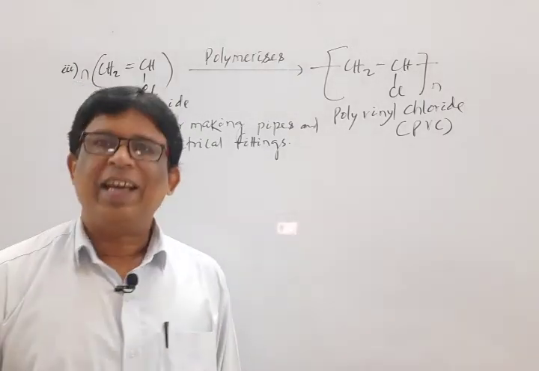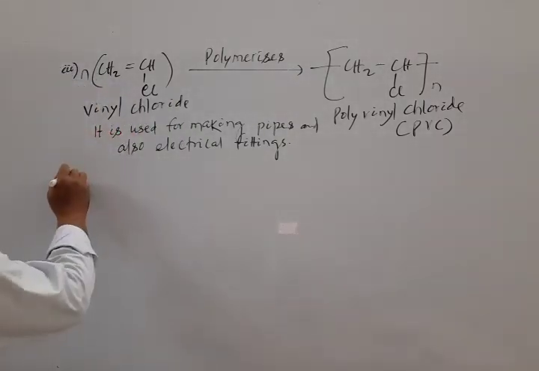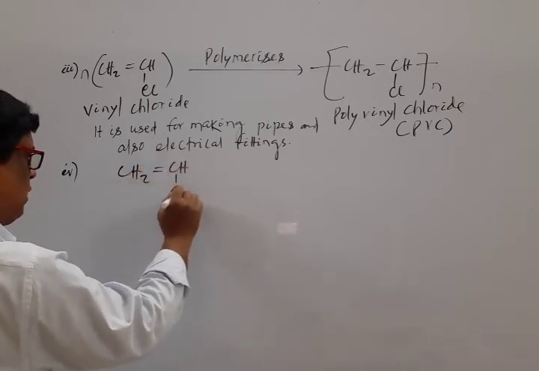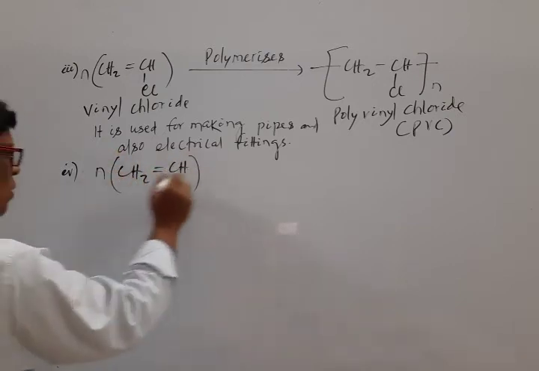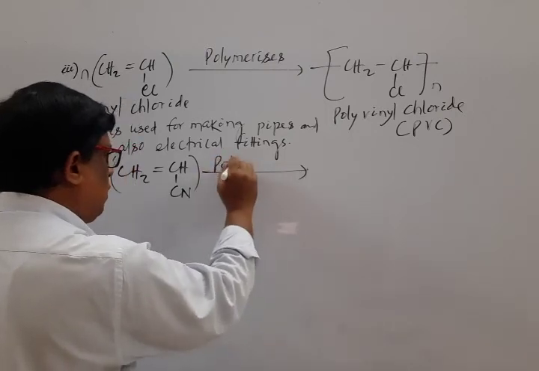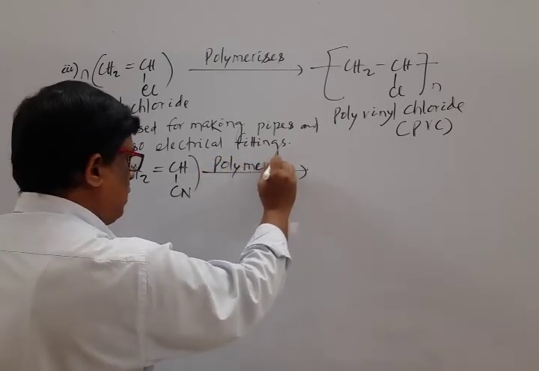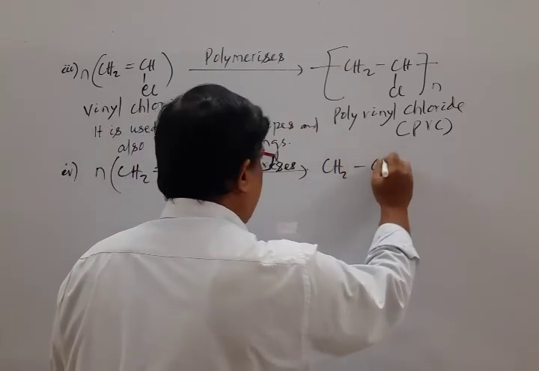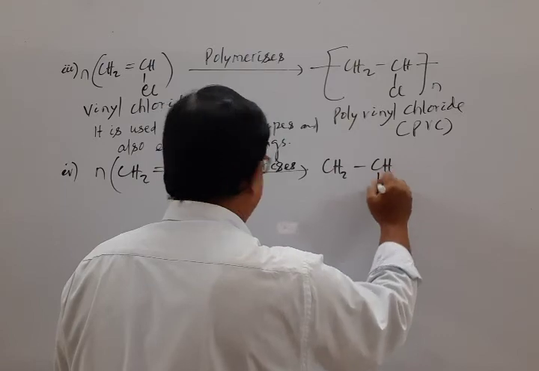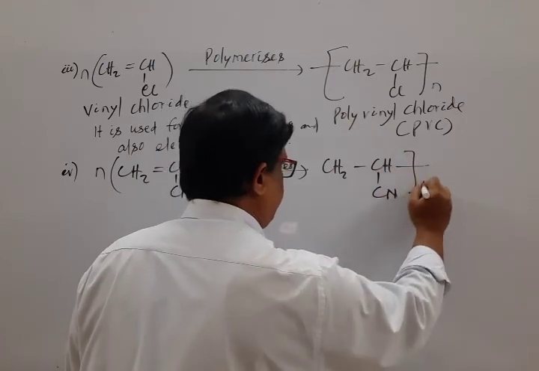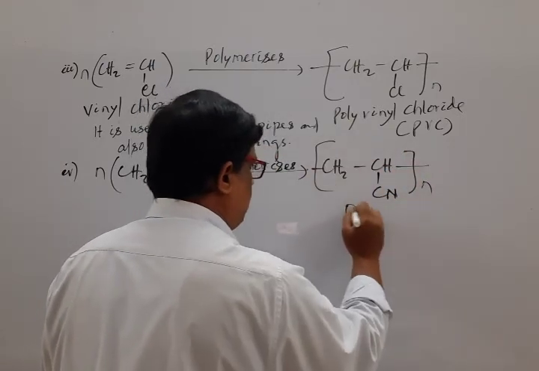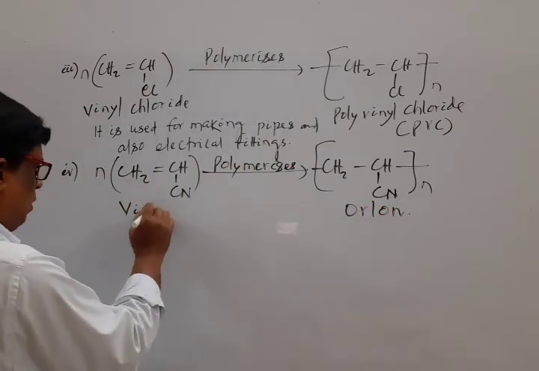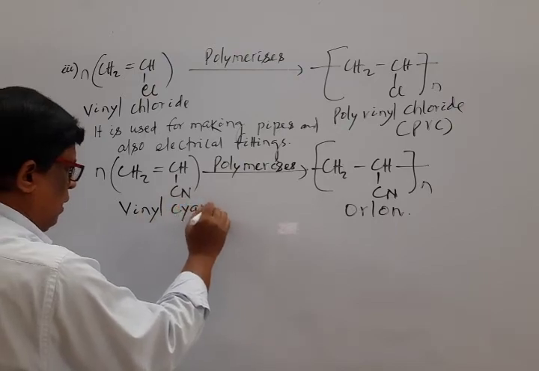Okay. Next, select another example, that is vinyl cyanide, CH2=CH-CN, n number of vinyl cyanide, which polymerizes to form polyvinyl cyanide or polyacrylonitrile, or it is known as Orlon.